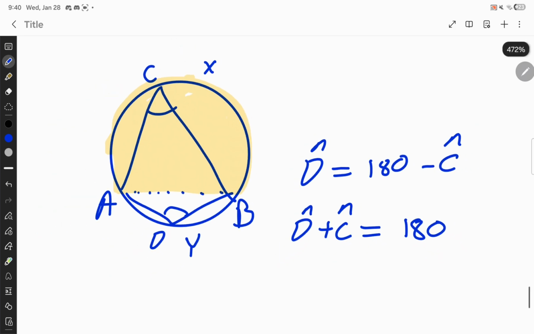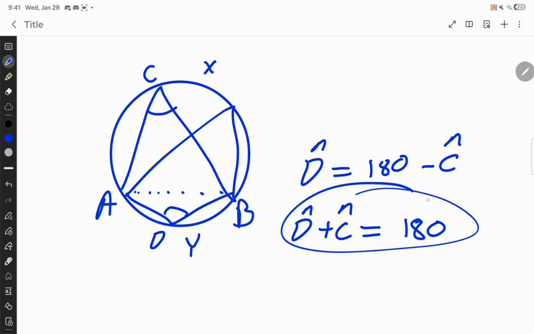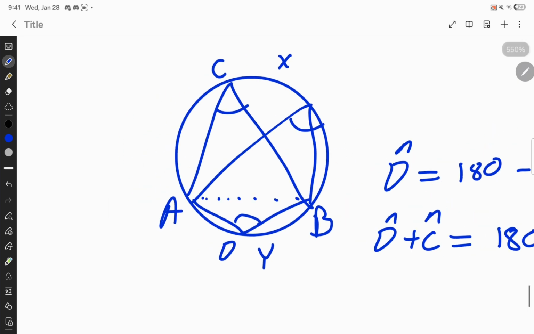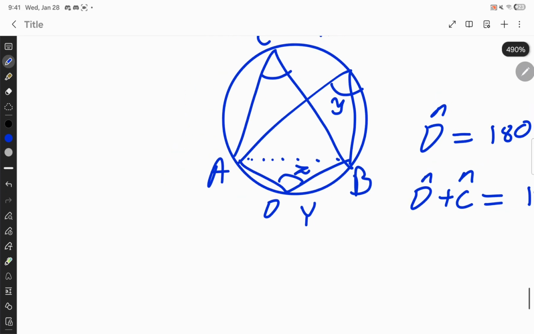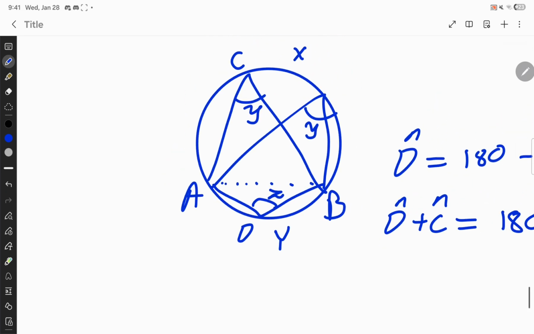So if you have this case, you can find the other angle using this. Example question: if we are given this angle right here and we have to find the angle Z, we copy Y to here because of the two cat ear shapes we did.